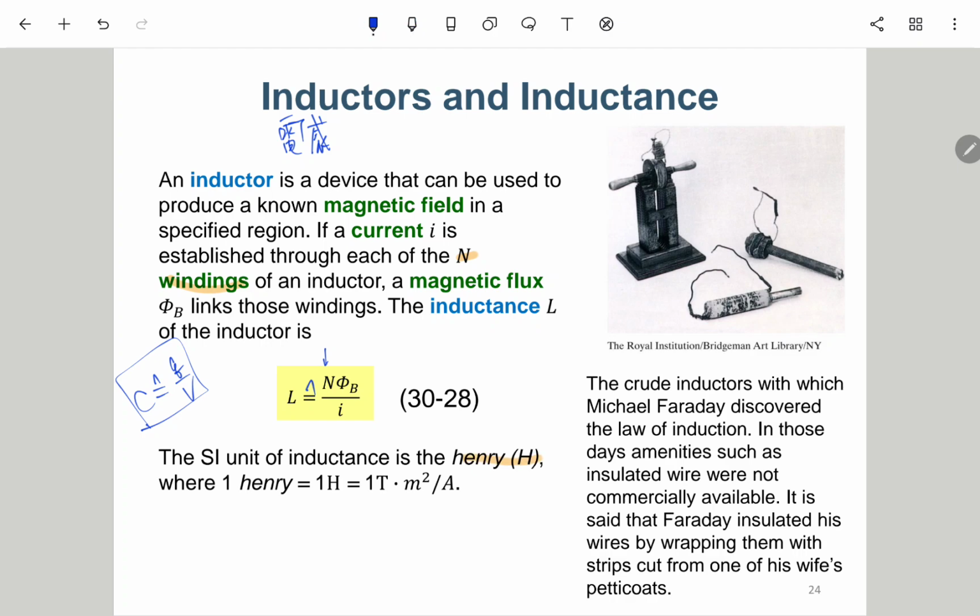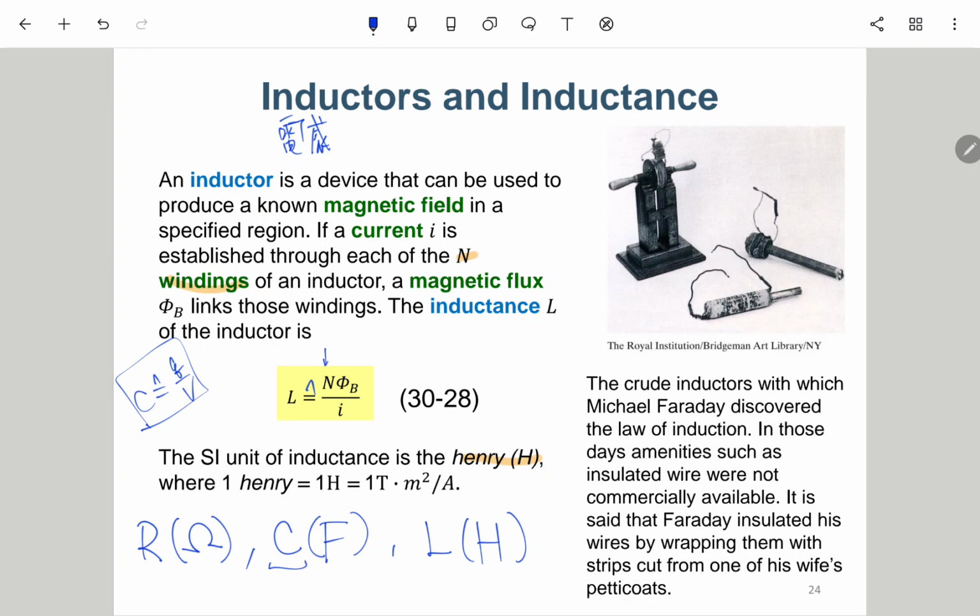A quick summary: for resistance, the SI unit is the ohm. For capacitance, do you still remember, the SI unit is the farad, F. For the inductor, the SI unit is the Henry, H. Don't confuse yourself.